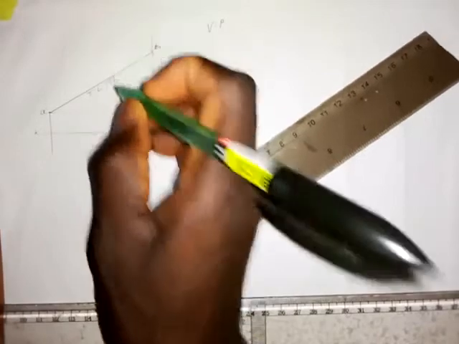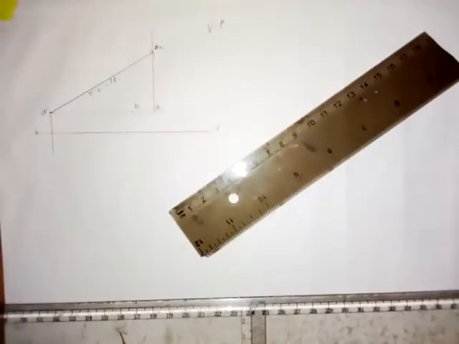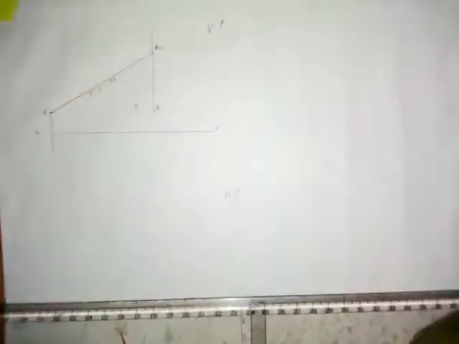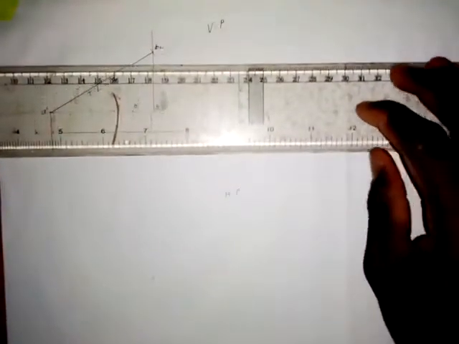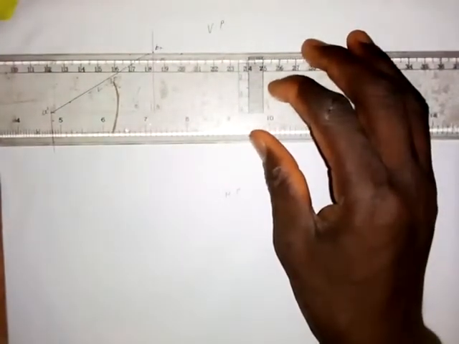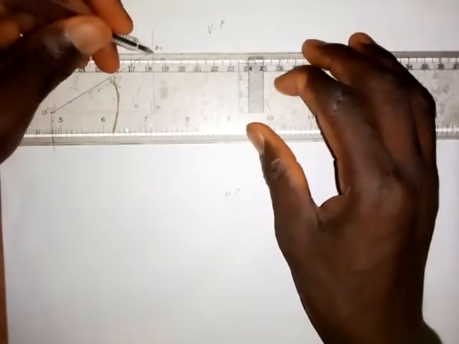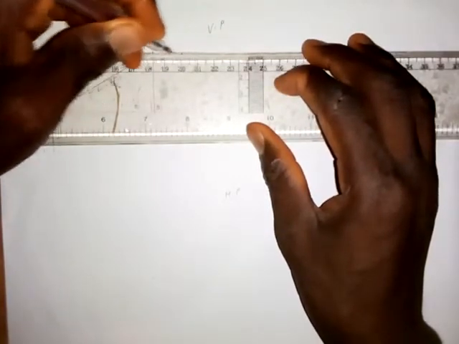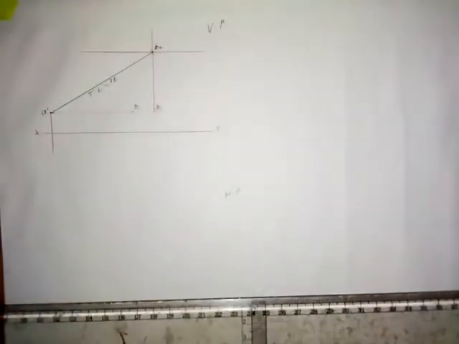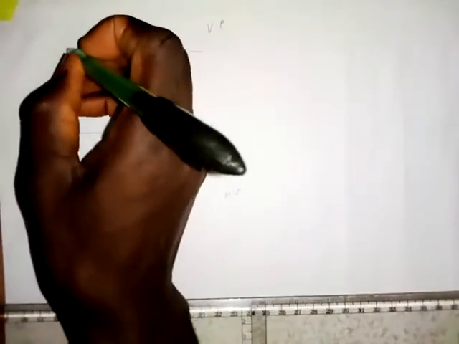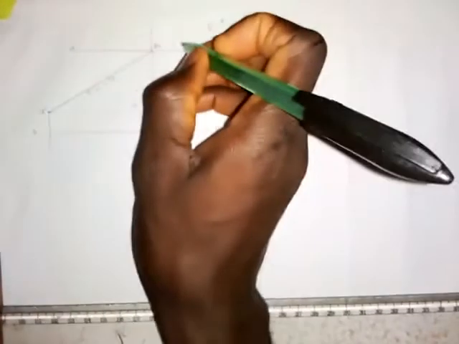So it's the true length of the line. Now, the next thing is that from point B2 on the vertical line, draw a locus line. Let's call this locus line N prime.